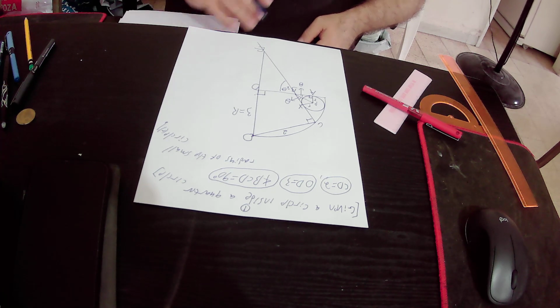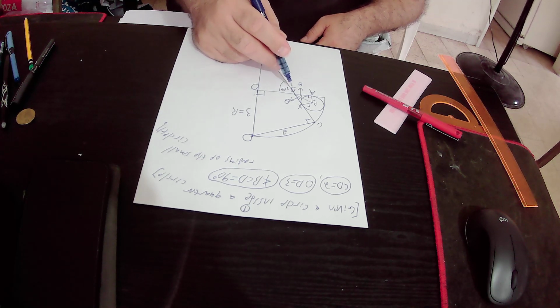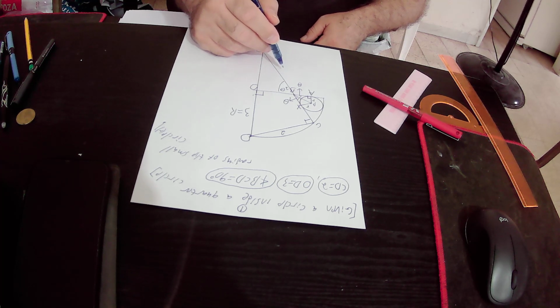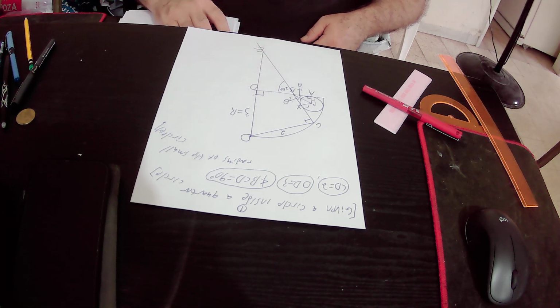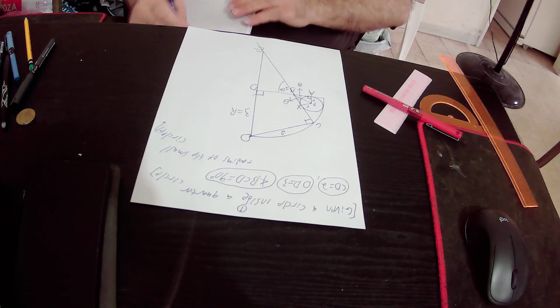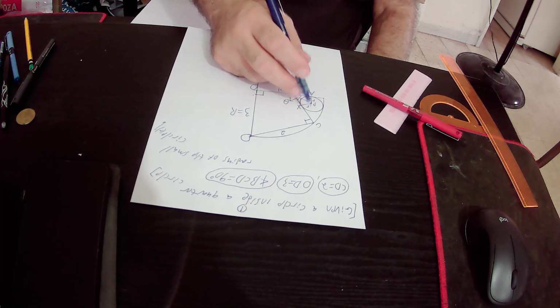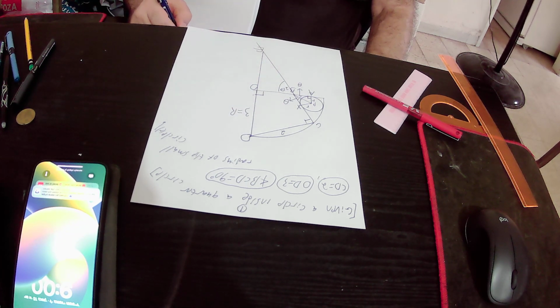Therefore, angle ECD is also equal to 90 degrees, because we extended CB, so we didn't change the size of angle BCD. So angle ECD equals 90 degrees.